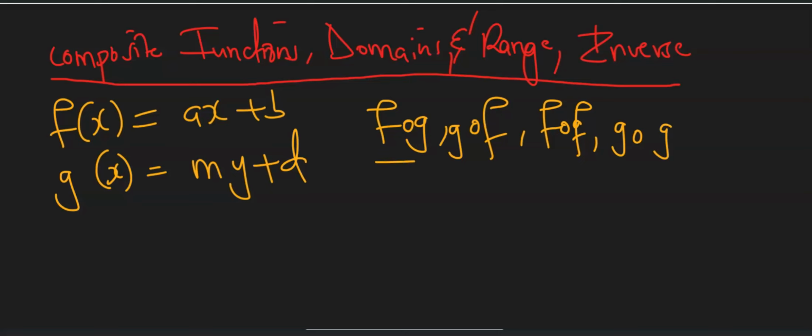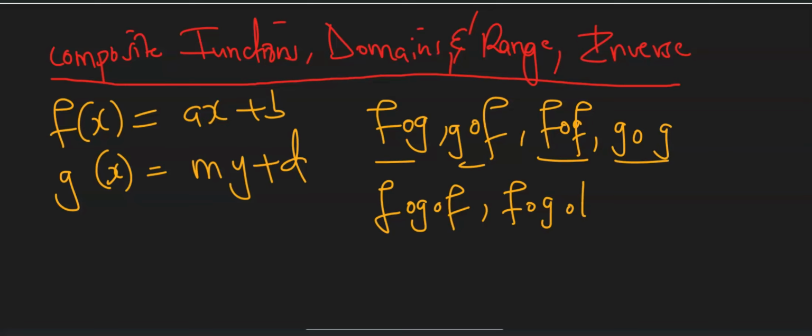So all these four are composite functions of only two functions. We can also have f of g of h, f of h of g, depending on the combination. As long as those three functions or those two functions have been combined together to form one single function, then that's a composite function.